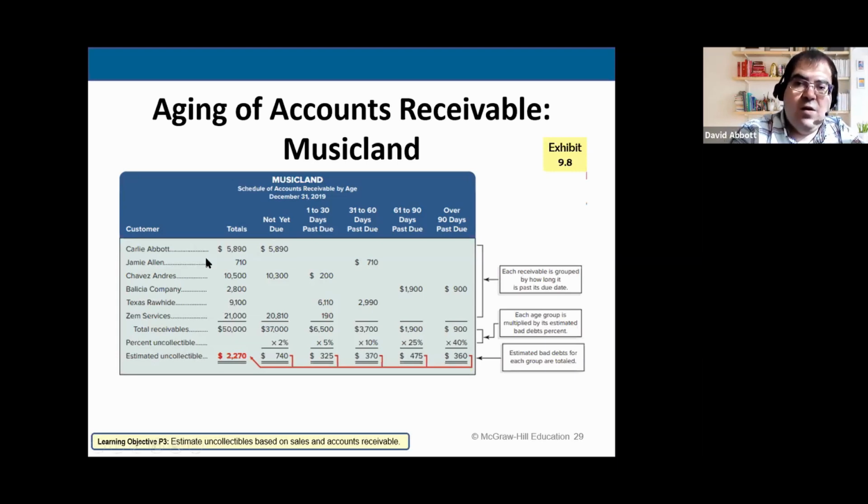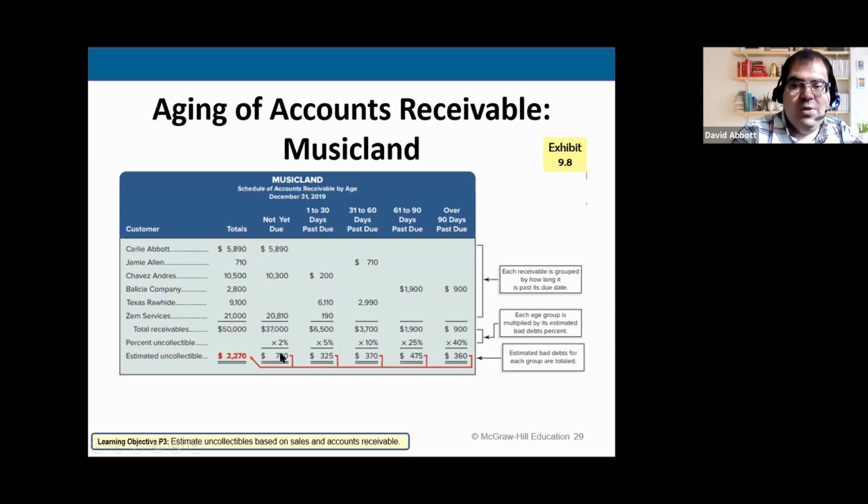And so we see here that they list out each one. So we have accounts that are not due yet. We estimate that 10% of those would be uncollectible. From 1 to 30 days past due, we estimate 5%. 31 to 60 days, we estimate that 10% would be uncollectible. 61 to 90 days, we estimate 25%, and over 90 days, we estimate 40%.